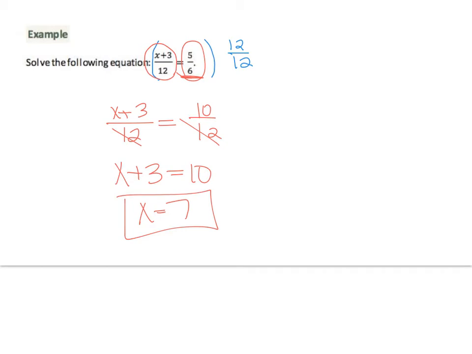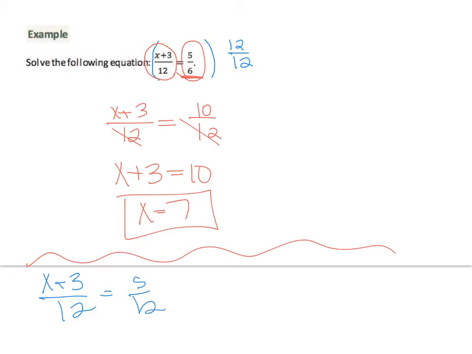All right, so we used two methods. Actually, I used two methods for the first problem, and then I've used the same method for the second one. It doesn't matter to me which one you do. If I look at this problem, x plus 3 over 12 equals 5 over 6. Oh gosh, I said 6 and wrote 12. Let's erase.